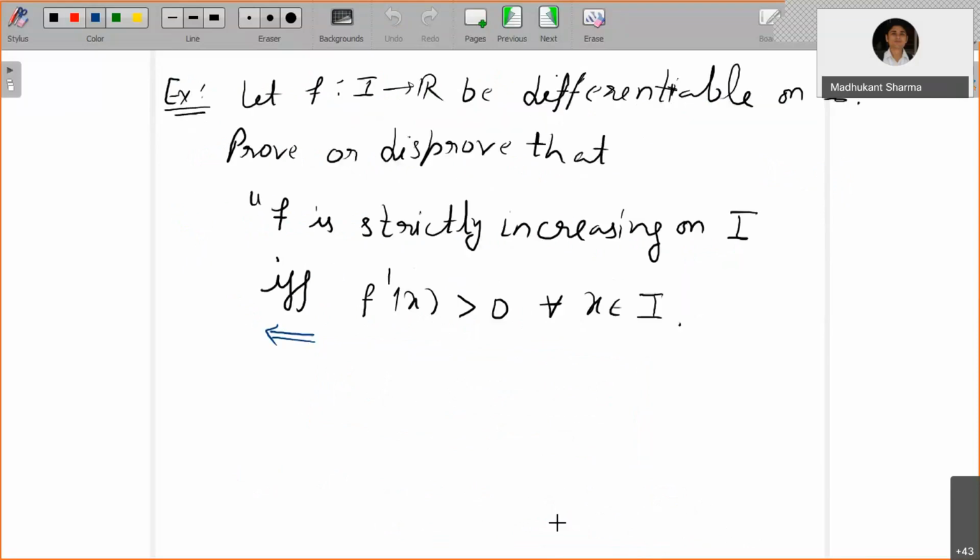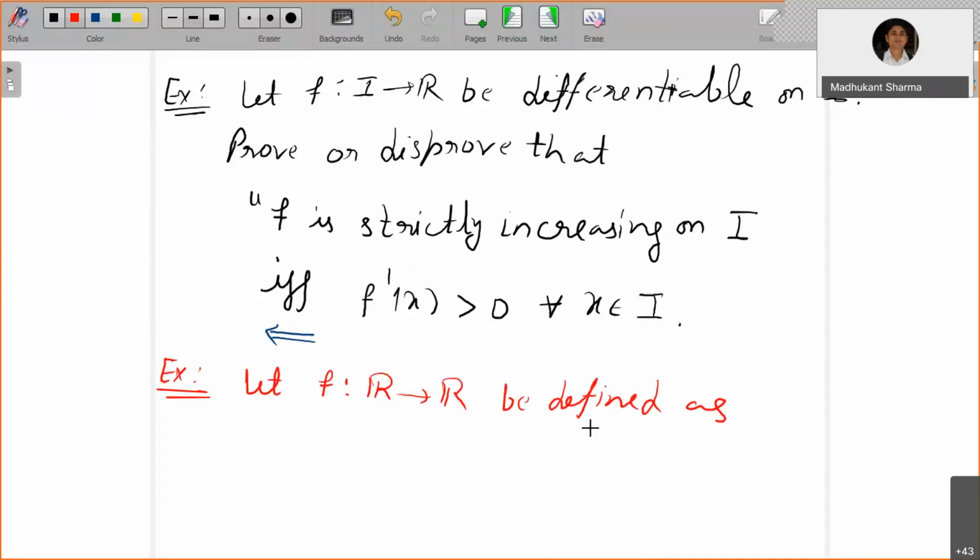For example, let f from R to R be defined as f of x equals x cube. This function is strictly increasing.